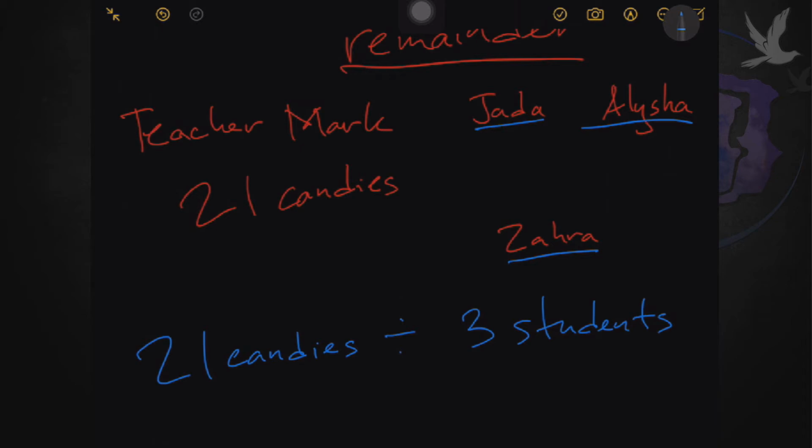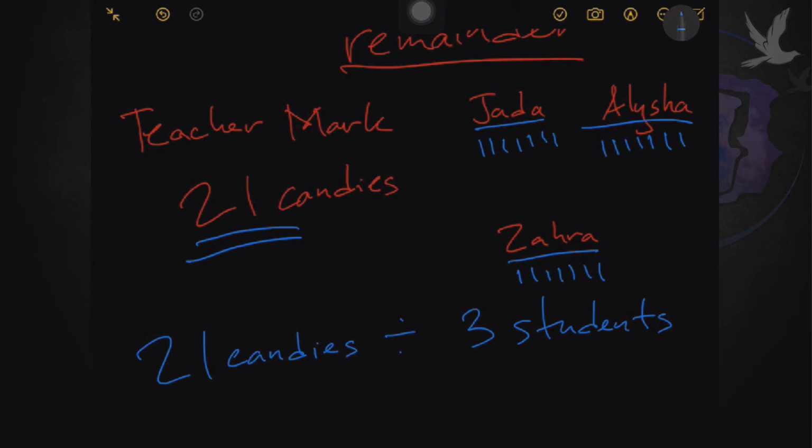If we are going to do the long process, it's basically simply distributing candies one by one until I run out. Okay? So all we have to do is to start counting from 1 until we reach 21. So we have 1, 2, 3, 4, 5, 6, 7, 8, 9, 10, 11, 12, 13, 14, 15, 16, 17, 18, 19, 20, 21. So if you notice, I now reach 21.